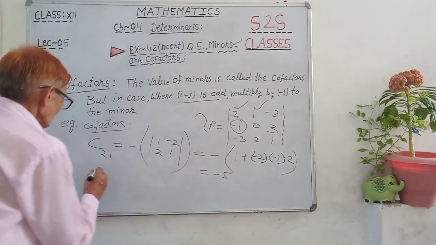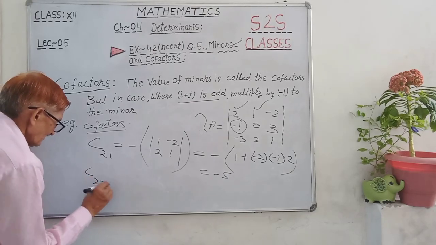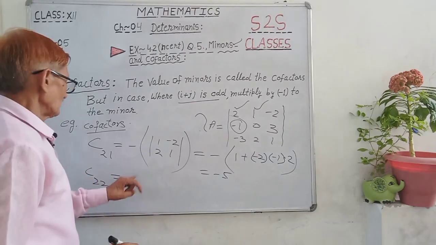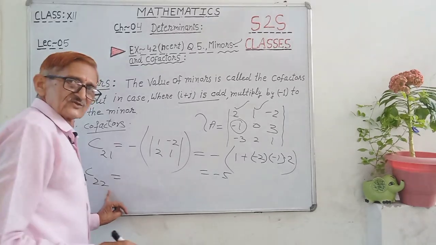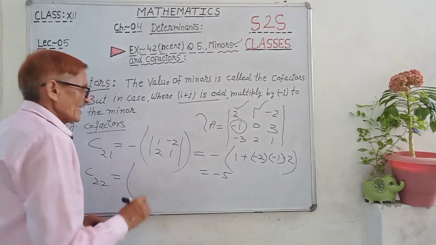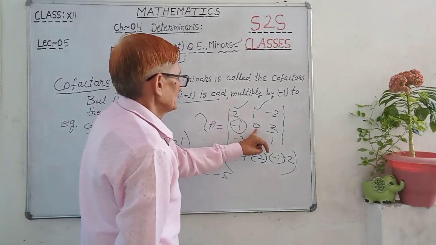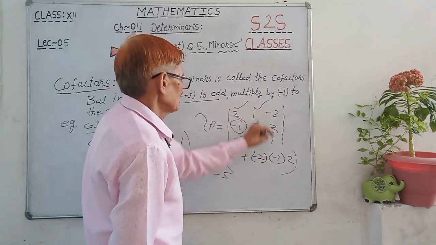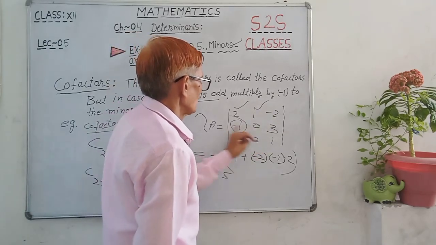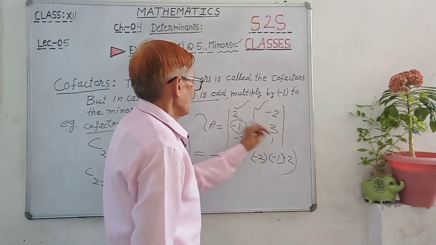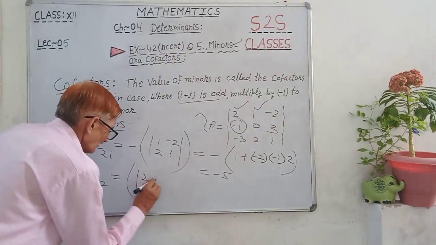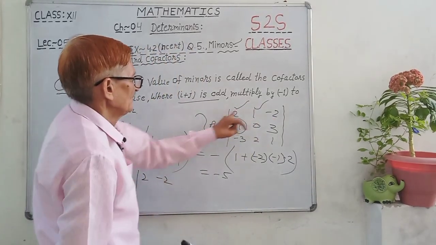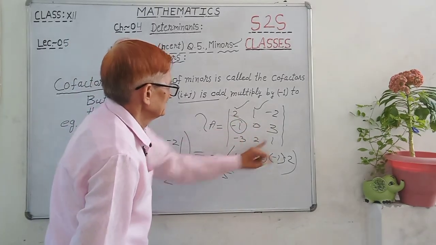So similarly we can find the other, C22. If you are going to calculate, then only even sum, so it means only the minor. This is A22, so along this second column and second row both are cancelled, then 2 minus 2, minus 3 1.